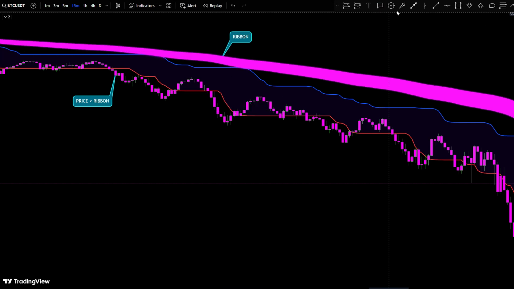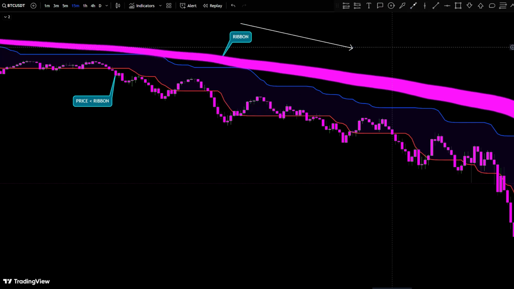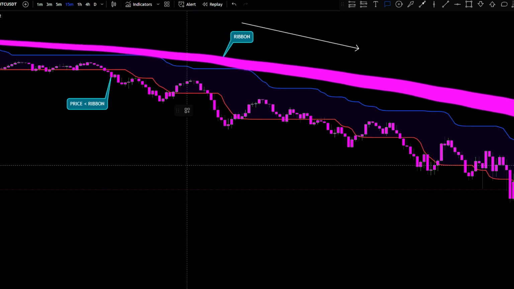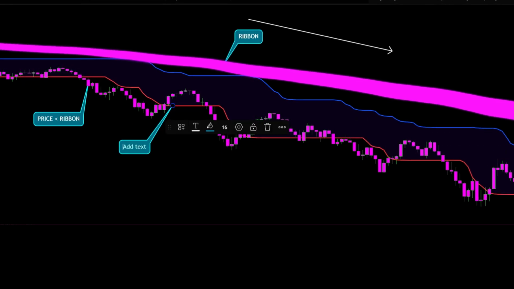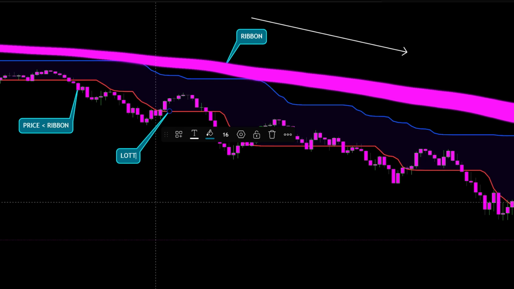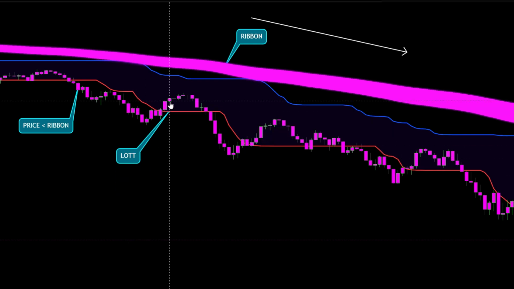That's our confirmation that the market's heading south. Then we wait for the price candles, which are bouncing around inside the HLOTT band, to break below the LOTT line. The lower line, that's our sell signal. That's when we jump in.